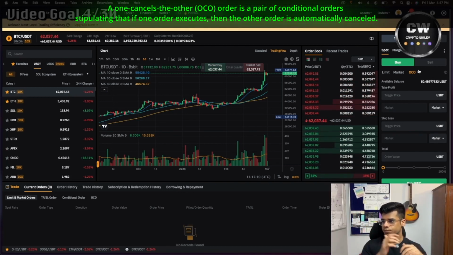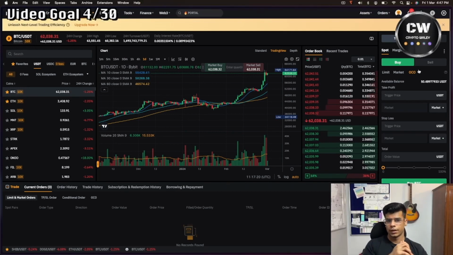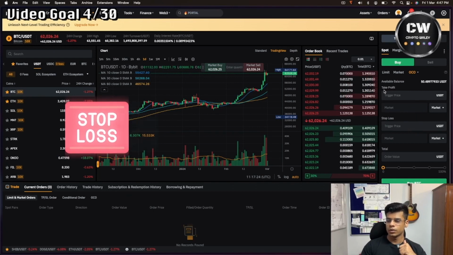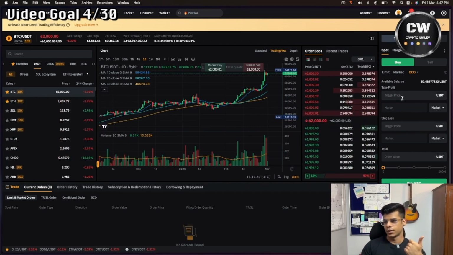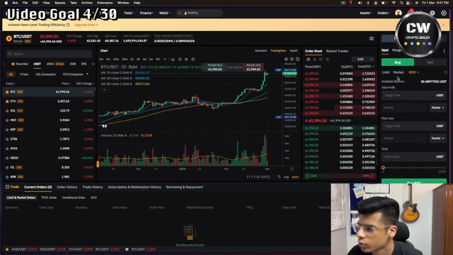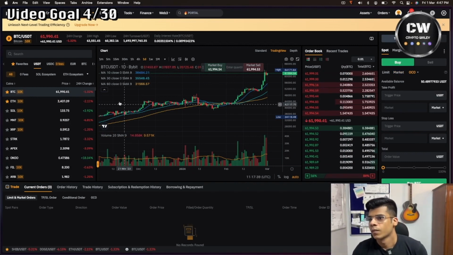So what if I want to put a stop loss and a target price at the same time for a trade? I use an OCO order, right? An OCO order helps me put a stop loss order and a take profit order at the same time. And for both, I can use a market or a trigger. I use it as a trigger price. So it is a more advanced type of order, which I use a lot.